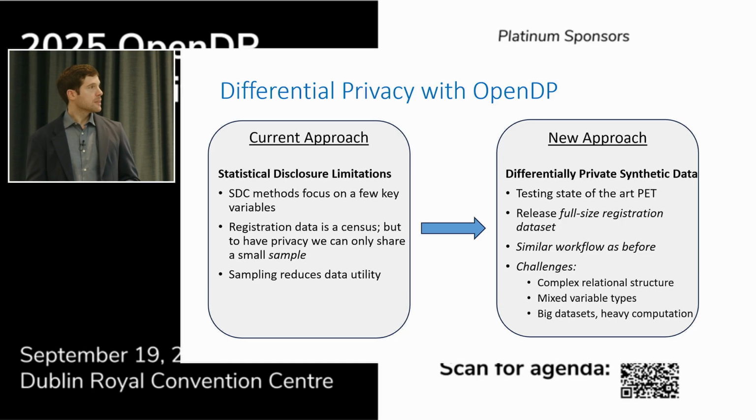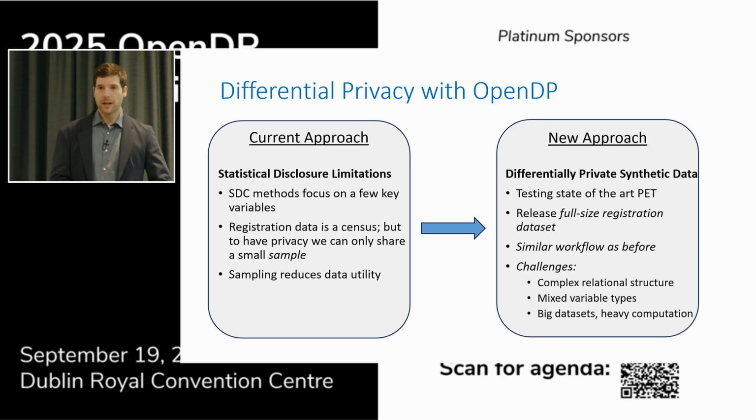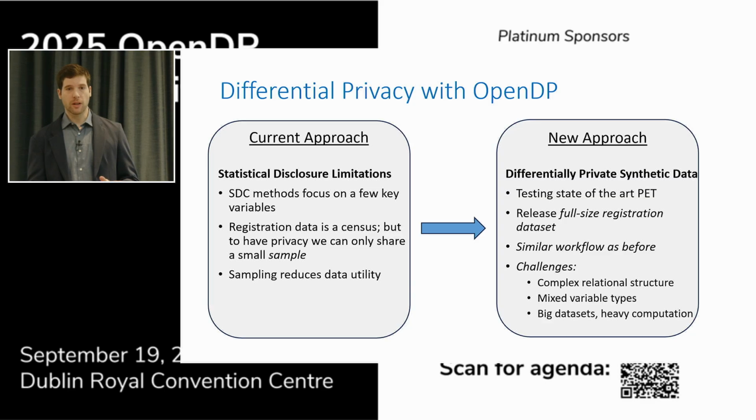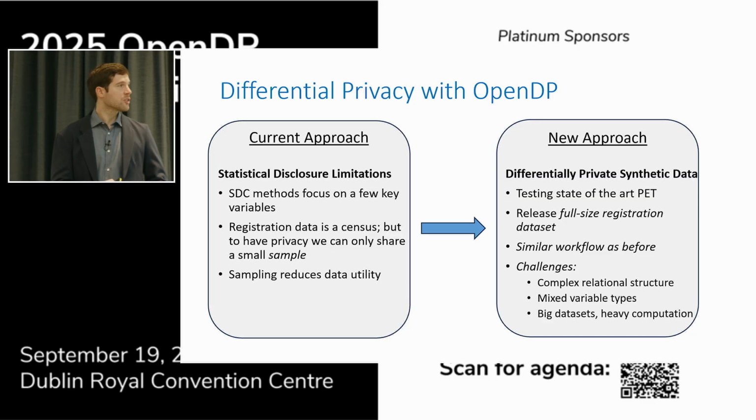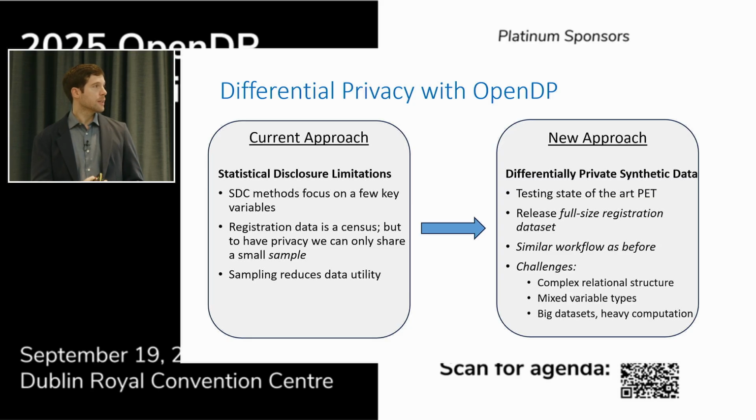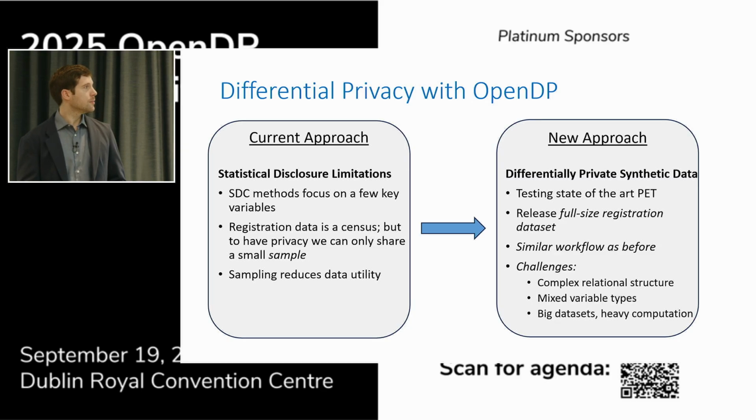Now, we tested this project. As I said before, we have the census data, registration data. We tested this new approach to differential privacy to create synthetic data of the registration data sets. There are a few reasons for this. The first is that with a census, we have some issues to share with the previous methodology.